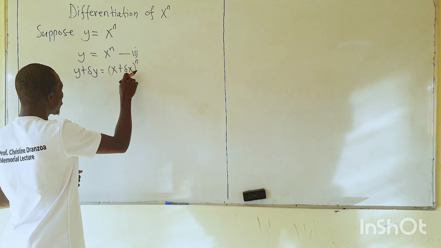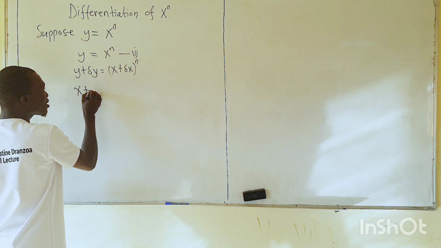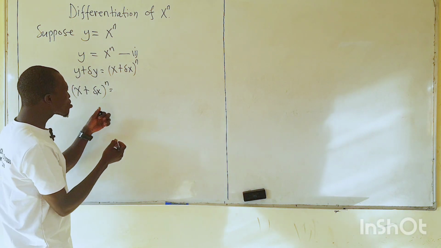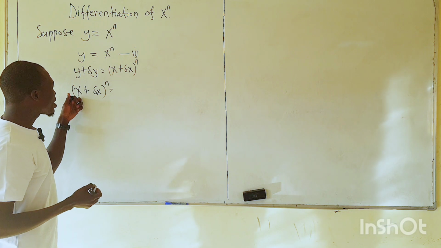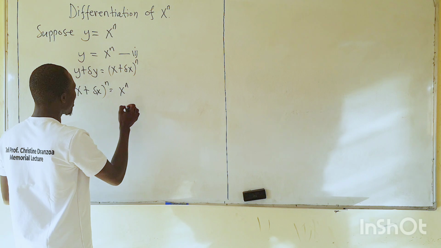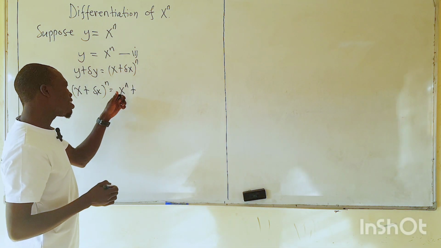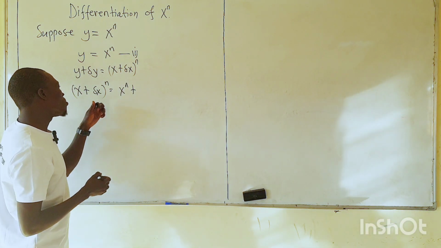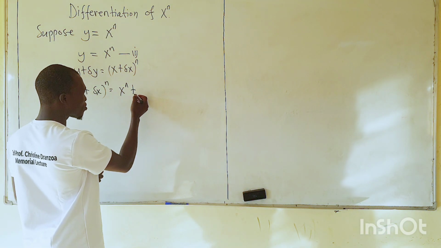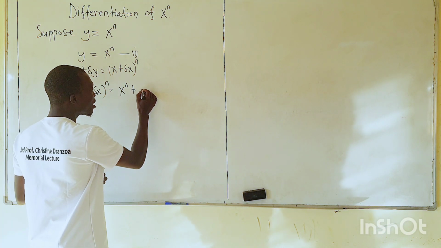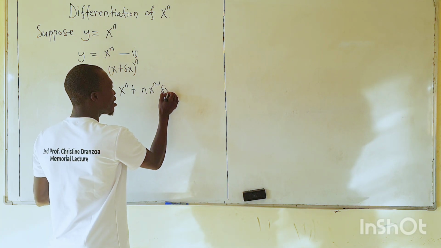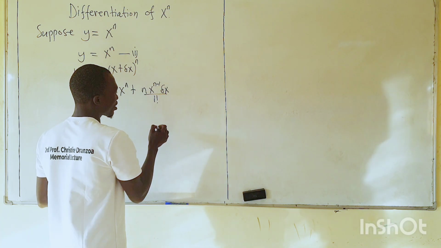So if we expand x plus delta x power n using binomial, the first term in this bracket will carry the power n. So we shall have x^n, then plus this x, now the power will keep on reducing. Meanwhile, for the other term delta x, the power will keep on increasing. So the next term will be n x^(n-1) delta x over 1 factorial.